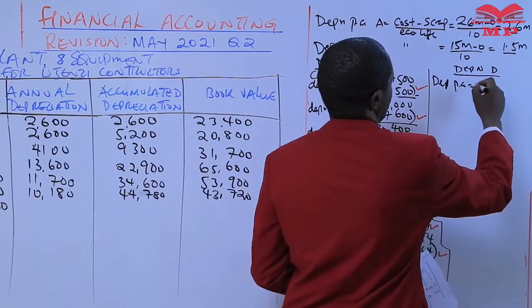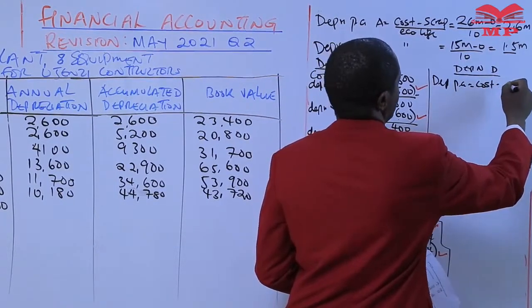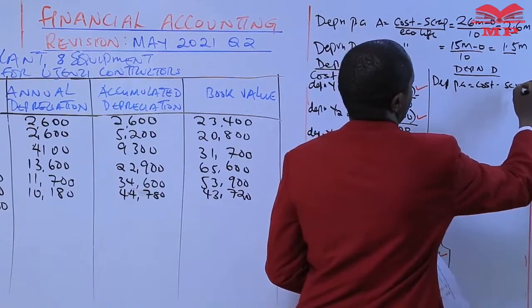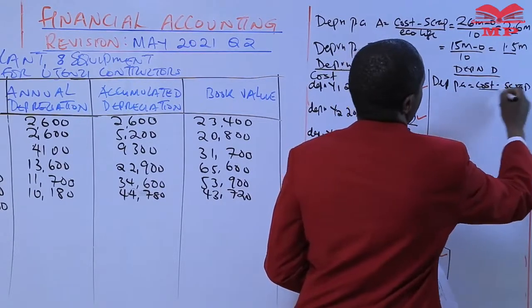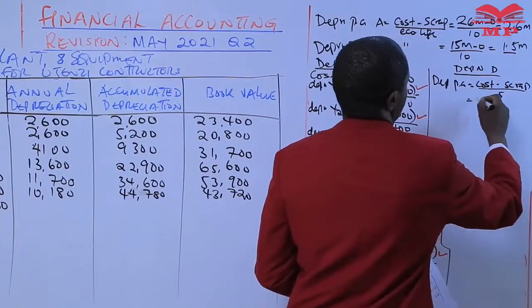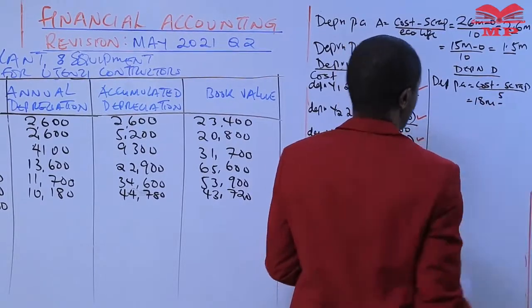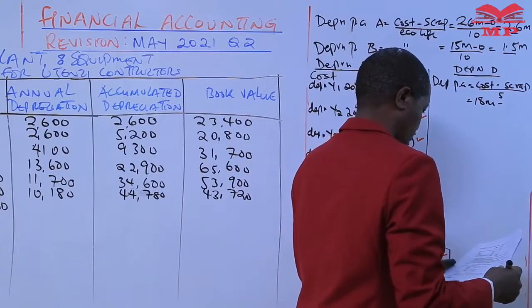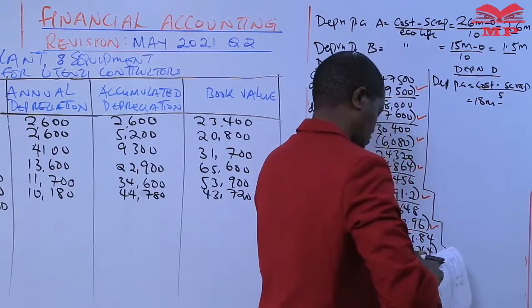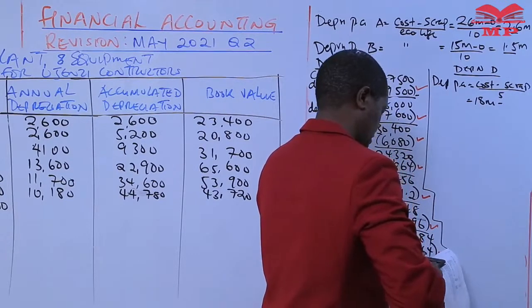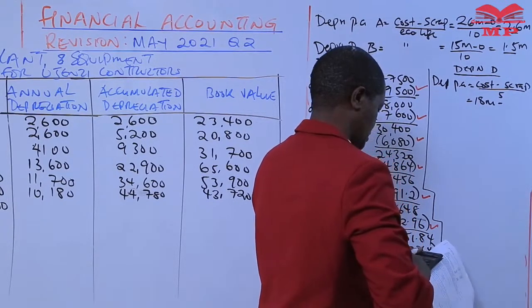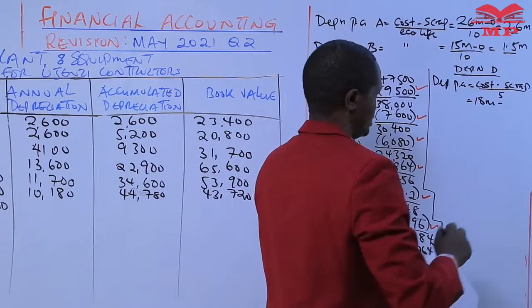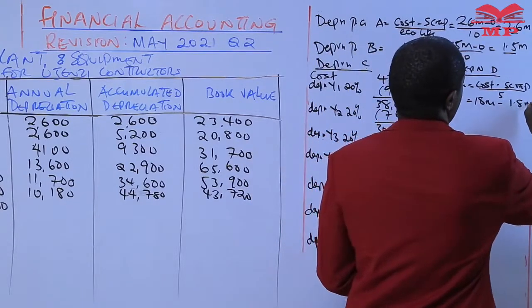So the depreciation per annum will be equal to cost minus scrap value over 5. The cost is 18 million. The scrap value we've seen is 10% of the original cost, so 10% times 18 million is equal to 1.8 million.